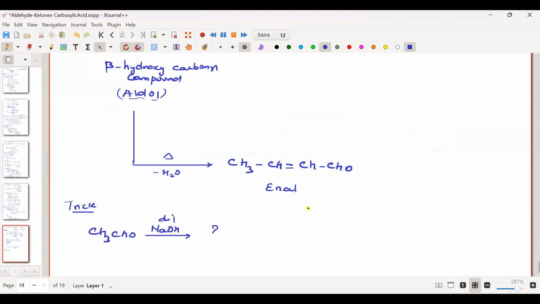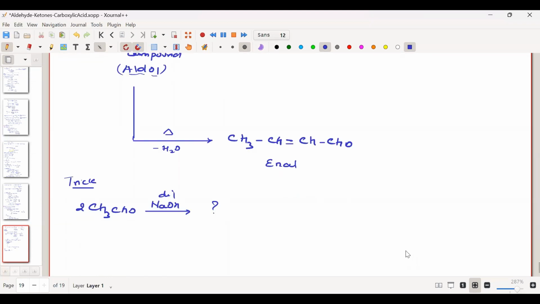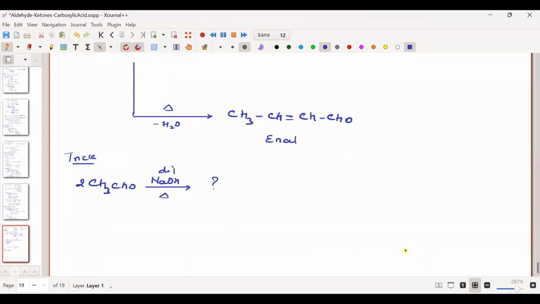What is the product formed? Two units, and heat, because we are doing condensation. I write one unit like this and another unit like this, then you remove H2O from this.